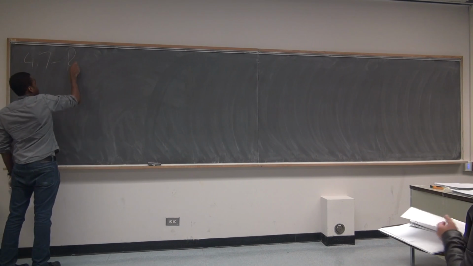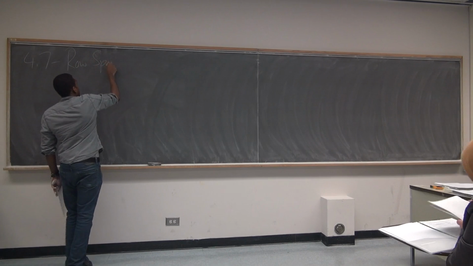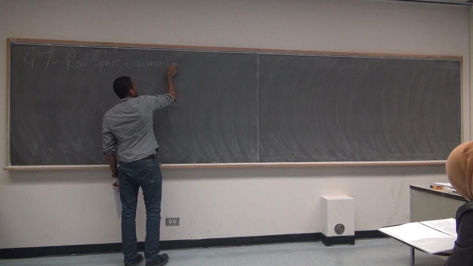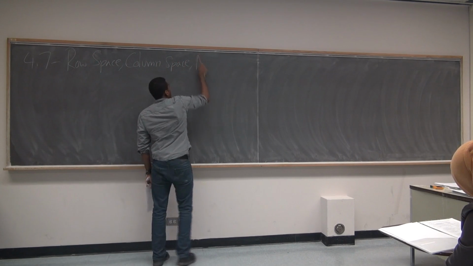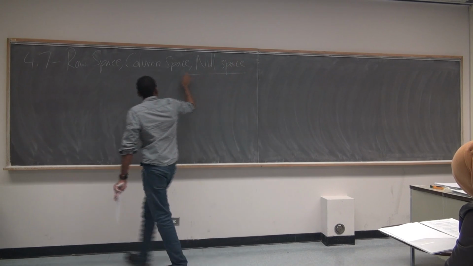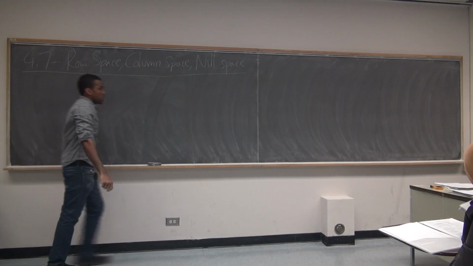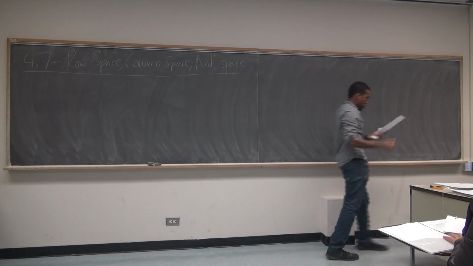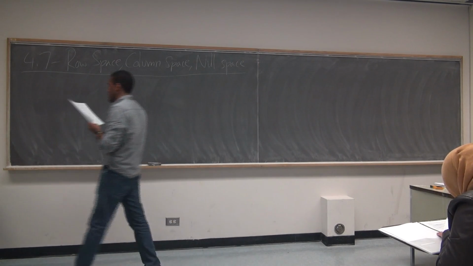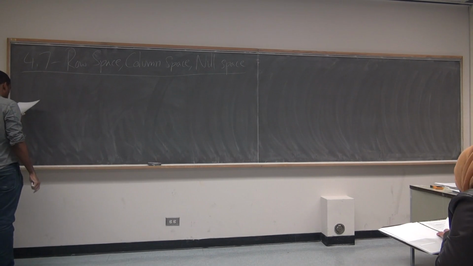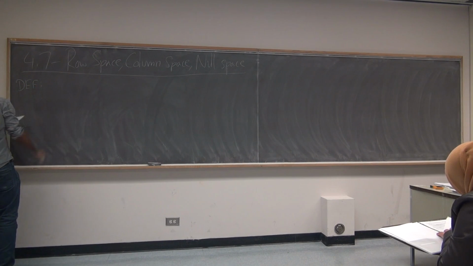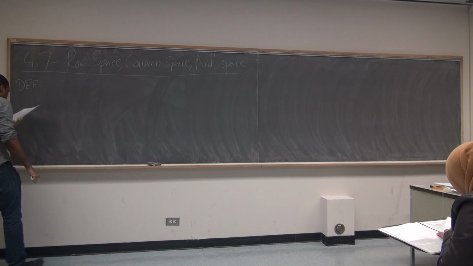We're going to talk about things like row space, column space, and null space. For now, we probably only have time to talk about their definitions, but we will come back to them. I can probably also tell you how to find it.